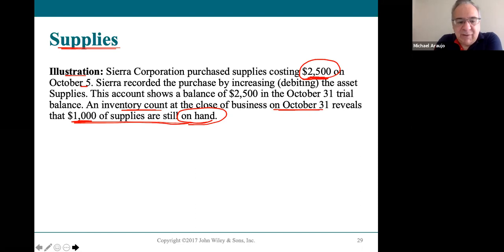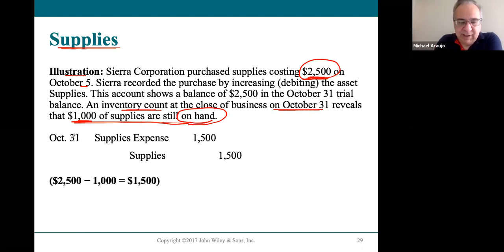So at the end of every period of time, in this case, they're only looking at the end of the month here. So October 31st, you would have a supplies expense for the amount that you've used. If you started with 2,500 of supplies and you ended with 1,000, you've used 1,500 of those supplies, and so that's what you can expense. Debit to supplies expense, it's a very specific expense, right?